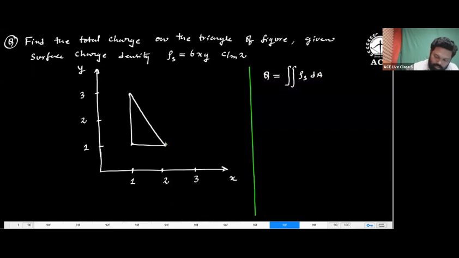How can I choose the limits here? What is this point? This point is 2, 1. What is this point? 1, 3. What is the y value here? Somewhere here. That means you need to find out the line expression.